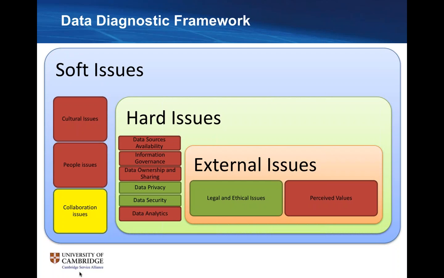Then you've got some hard issues as well, which are more about technical issues. Whether we have the data in our organizations, and if we're going to build these analytics capabilities or solution capabilities, do we need external data as well, which could come from our customers, or from other people we collaborate with, the network of stakeholders in our day-to-day operation.